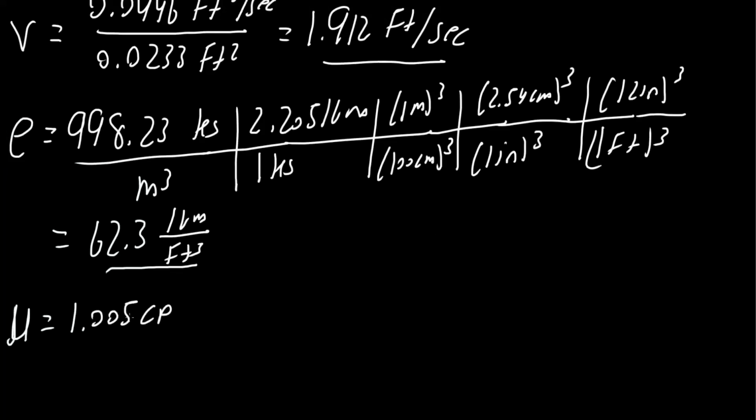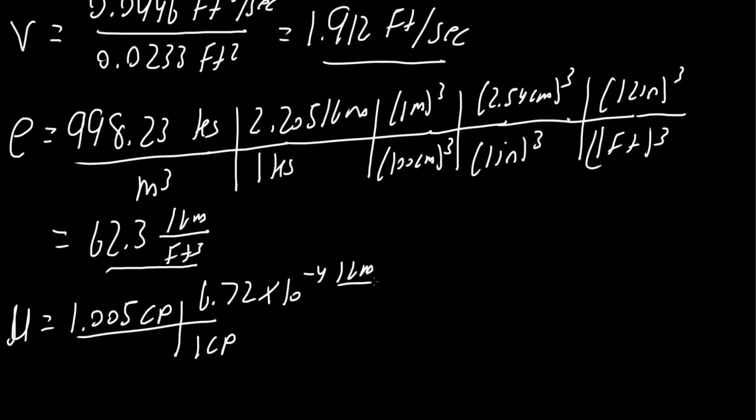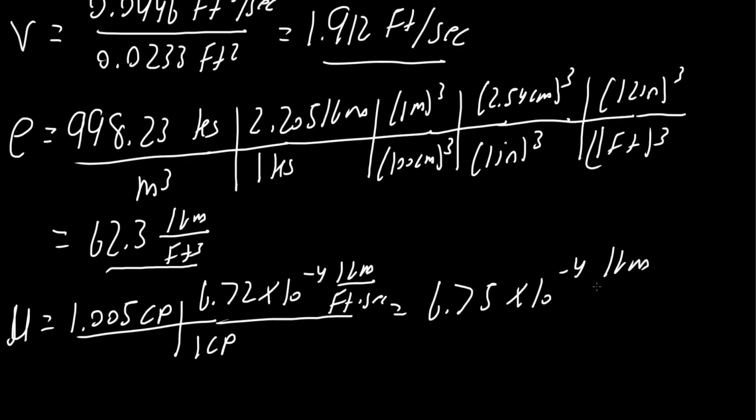We know that 1 centipoise is equal to 6.72 times 10 raised to negative 4 pound mass divided by feet times seconds. And we would get 6.75 times 10 raised to negative 4 pound mass divided by feet times seconds.